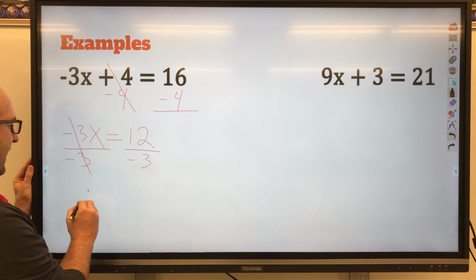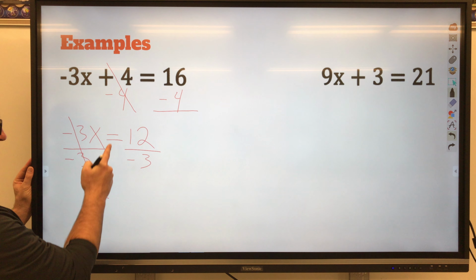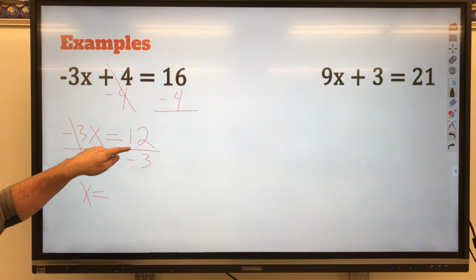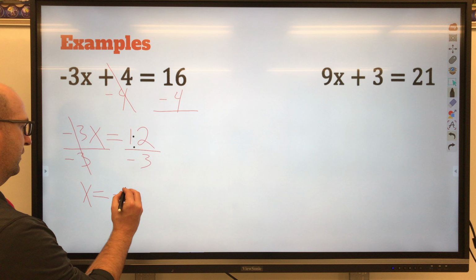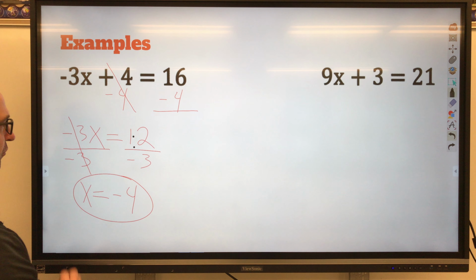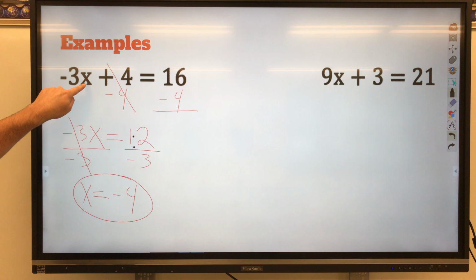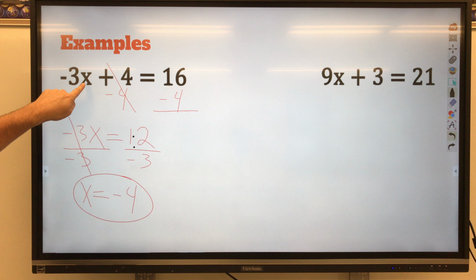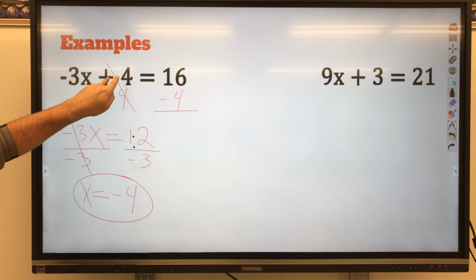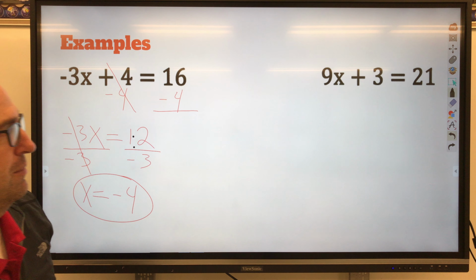So now I bring my x down, my equal sign, and I solve my equation. 12 divided by -3 gives me -4. And yes, you can plug this back in. -3 times -4, because we said -4 is what the value of x is. -3 times -4 is 12. 12 plus 4 equals 16.